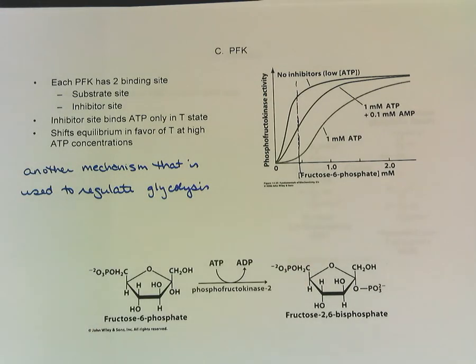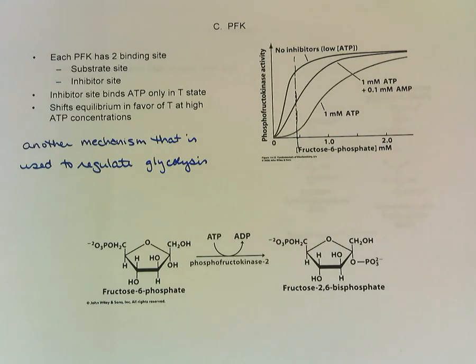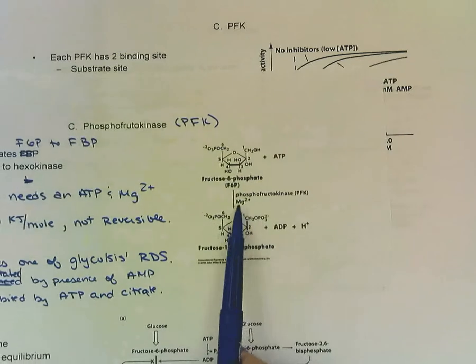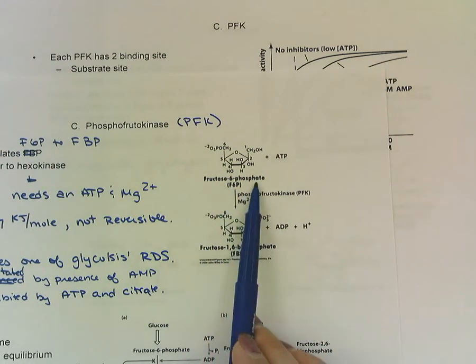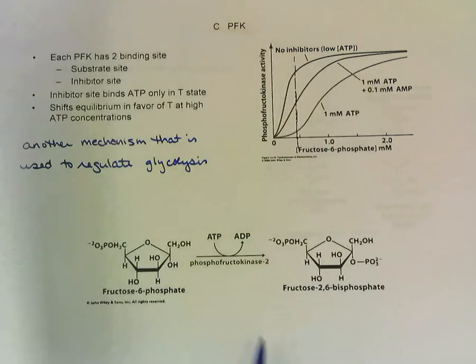So the other mechanism that's used to regulate glycolysis, besides the concentration of ATP being too high, which will turn off PFK, is this right down here, phosphofructokinase 2. Regular phosphofructokinase goes from fructose 6-phosphate to fructose 1,6-bisphosphate.